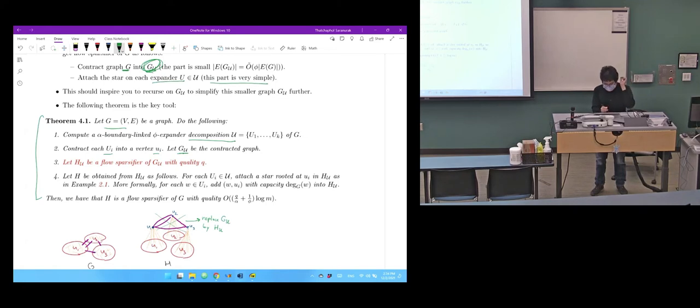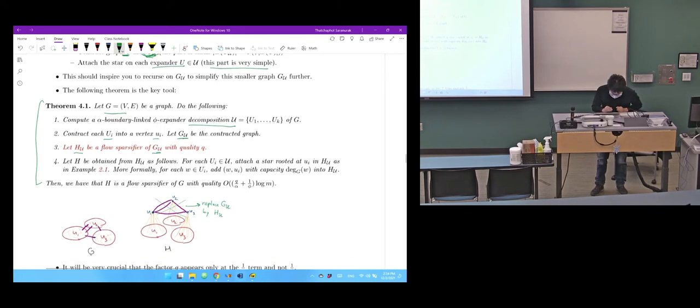But instead of keeping GU, let HU be a sparsifier of GU with some quality Q. Now you have G, and you get GU, but you replace it by HU.